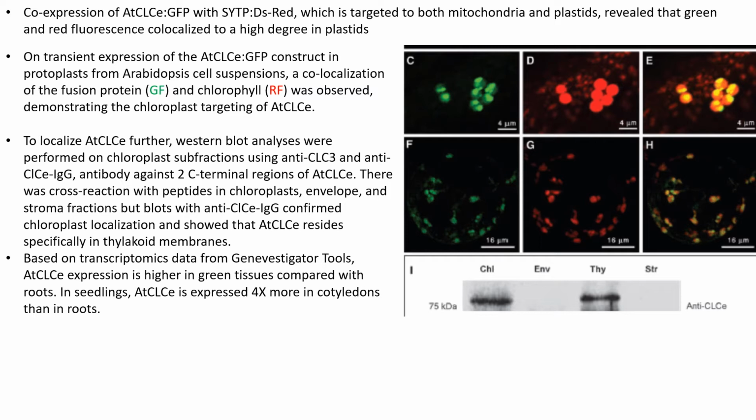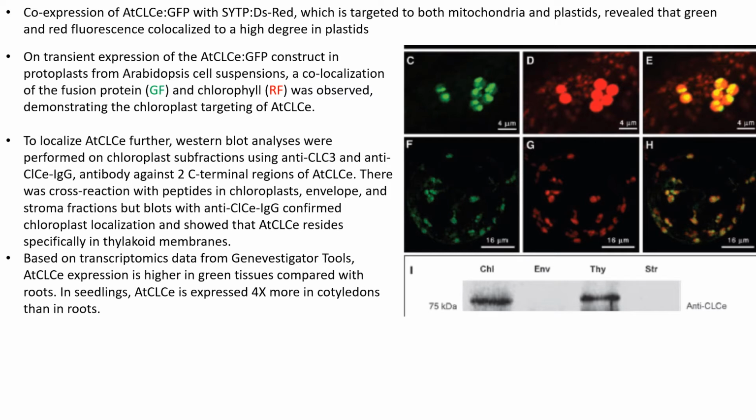To further analyze whether it is definitely in the chloroplast, as seen in panels F to H, an immunoblot, or Western blot, was done because we were trying to see the protein. An antibody was raised against ATCLCE, anti-CLCE, along with IgG.